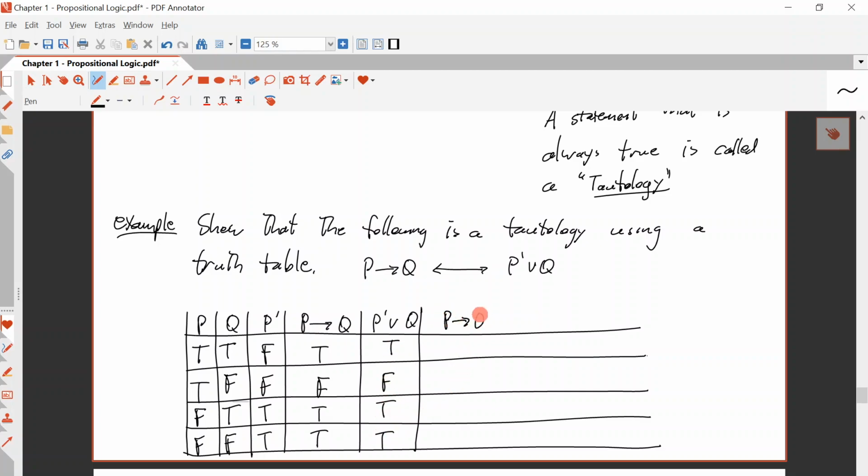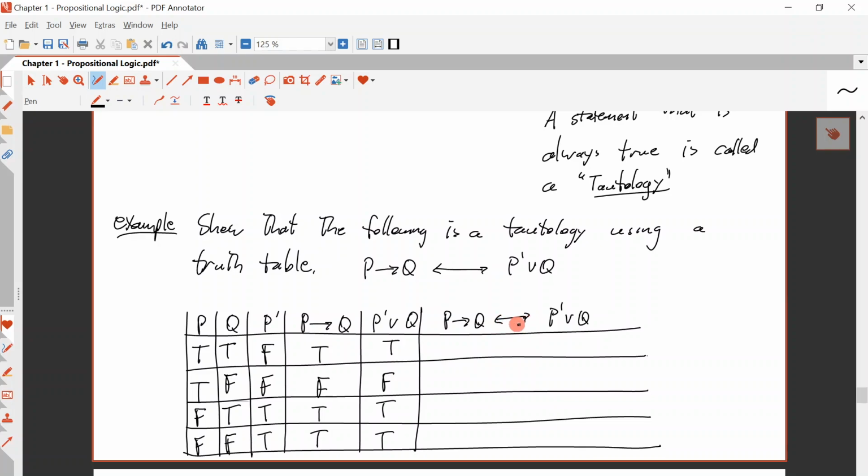So now the final column for the logical equivalence. Logical equivalence is also logical equality. This can be thought of as sort of an equality symbol in propositional logic or in Boolean algebra.